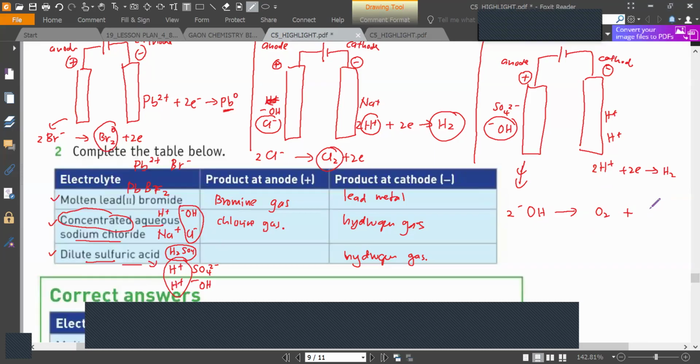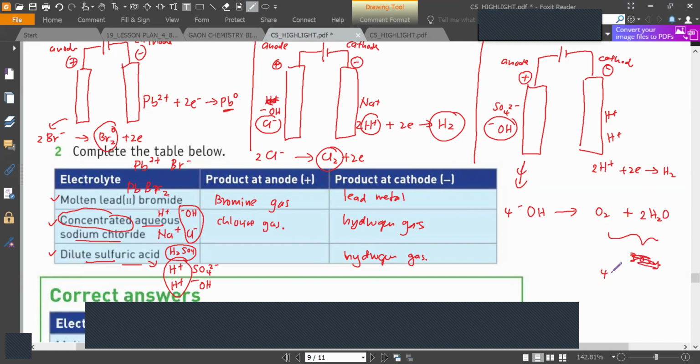We add water here, H2O. But here now we have 3 oxygen. So how do we balance it? We need to make it 4 to balance it. So now we have 4 hydrogen, 2 here, 2, 2.